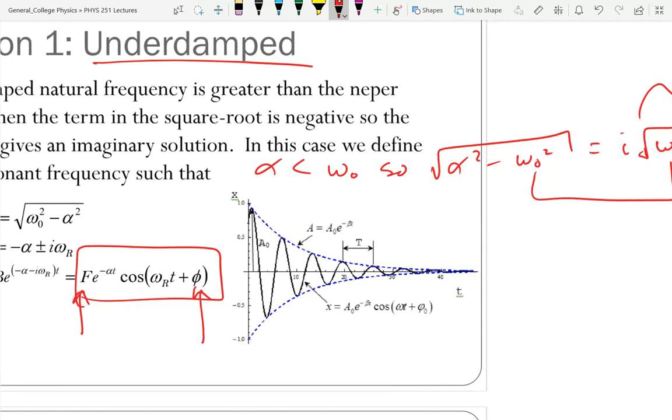So we can draw the graph by drawing the attenuation. The blue here is showing the exponential decay for attenuation. And then we put the sinusoid inside. Now there is a little idiosyncrasy to this.